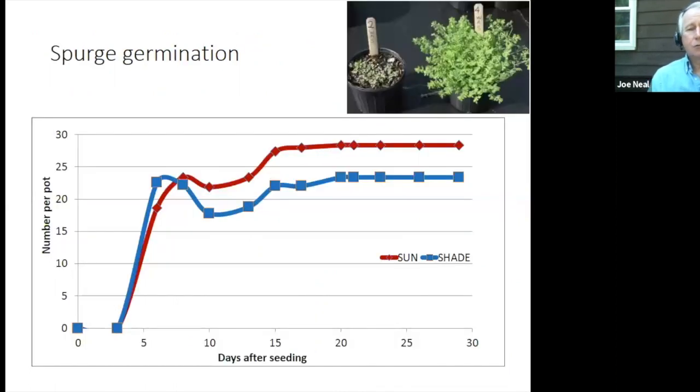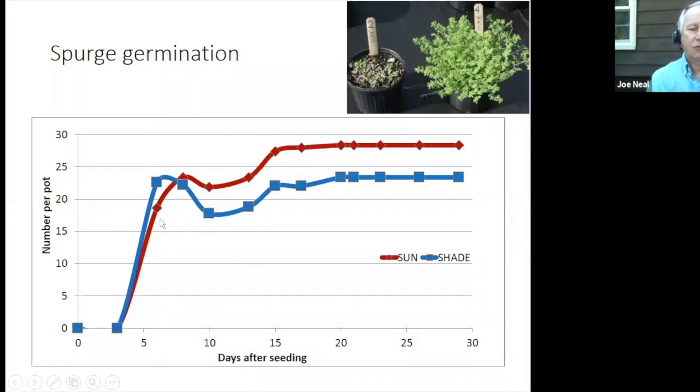Not only is there self-dispersal, but very rapid germination and growth. And here's a study where we looked at how many days after we seeded. So we seeded on day 0, and we counted the seedling emergence, and after just 5 days, look at that, between 3 and 5 days, we had a dramatic increase in the amount of seed germination.